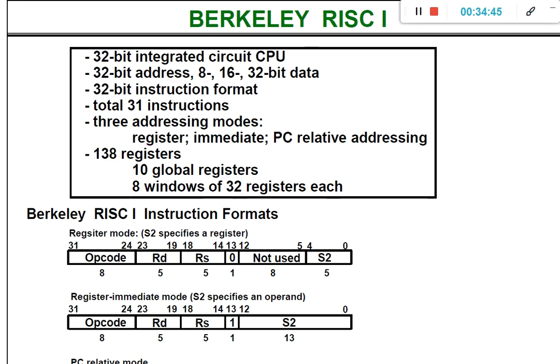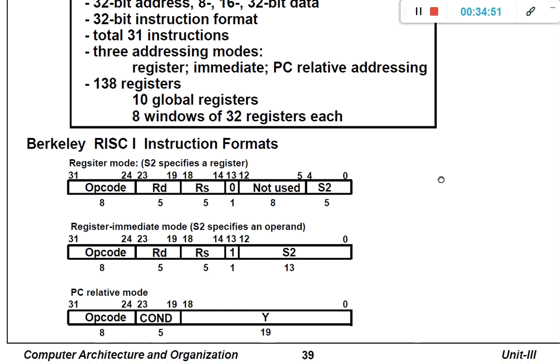Coming to the instruction format of the Berkeley RISC-1, there are 3 different instruction formats. The size is fixed, 32 bits. If the addressing mode is register mode, then the instruction format will look like this.